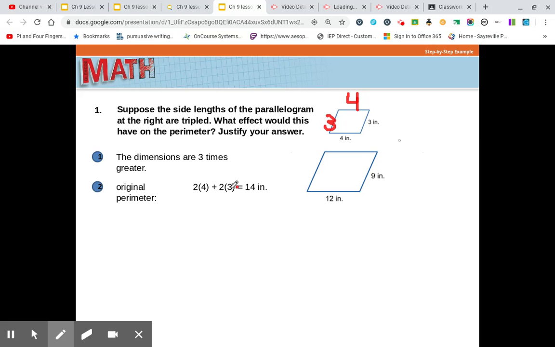That side is 3. So instead of doing 4 plus 4 plus 3 plus 3, they're simplifying that equation by doing 2 times 4 plus 2 times 3, which equals 14. Now, if you're tripling the perimeter, you would simply triple 14, which is multiply it by 3.